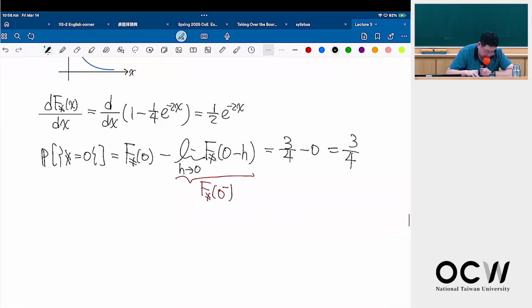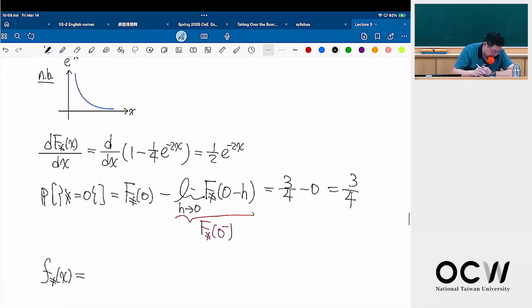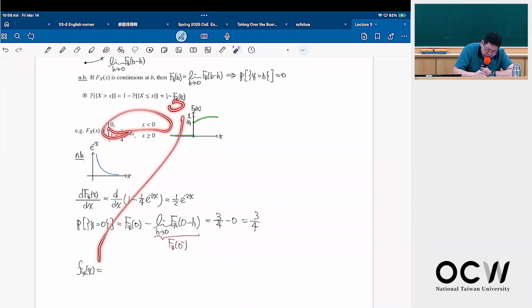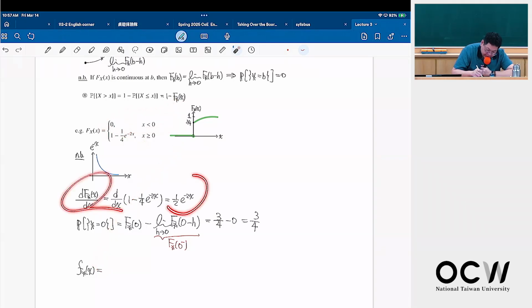So now you can write down the PDF. When x is less than 0, you take the derivative, it is still 0. When x is greater than 0, then we take the derivative. It should be 1/2 times e to the minus x. But we also need to consider x equals 0.